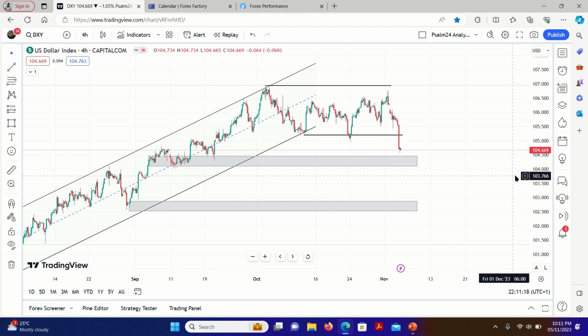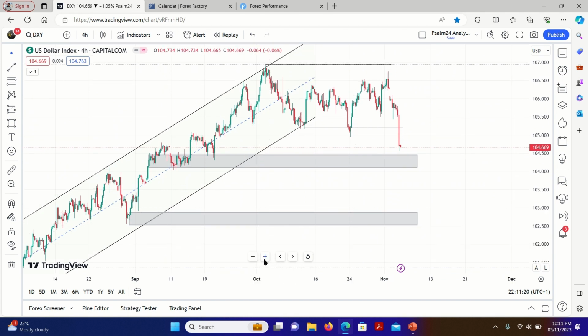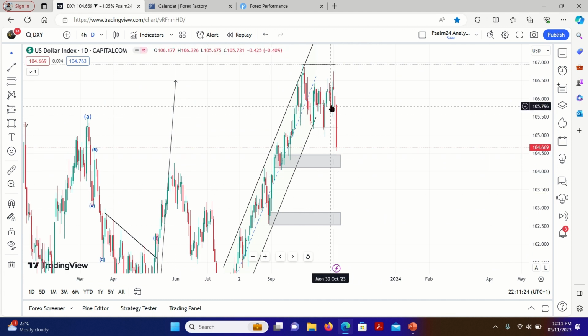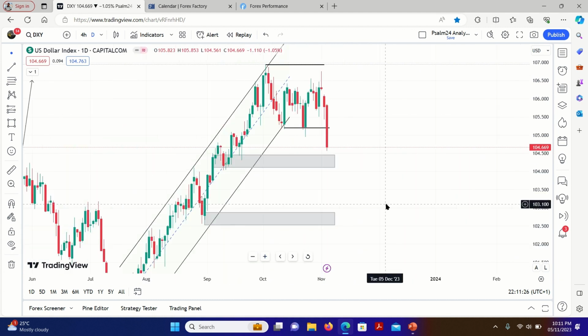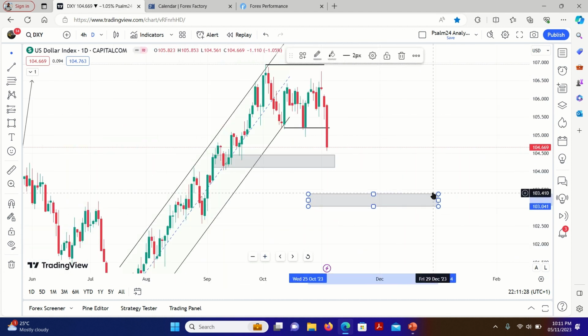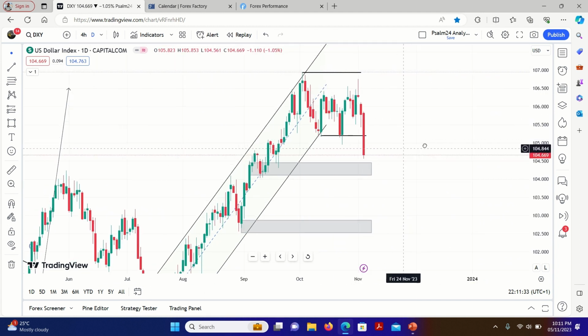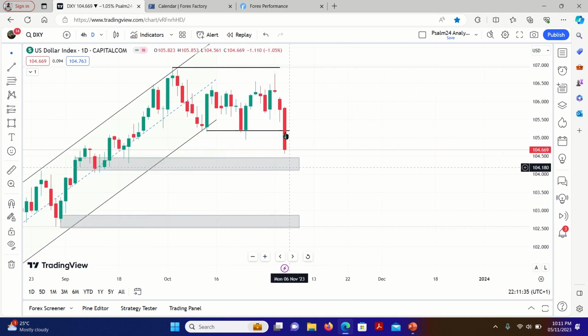So we are on the 4-hour time frame. If we start with daily, we can see bearish pressure on this particular pair. This is telling us that the direction is bearish and the momentum is to the downside.